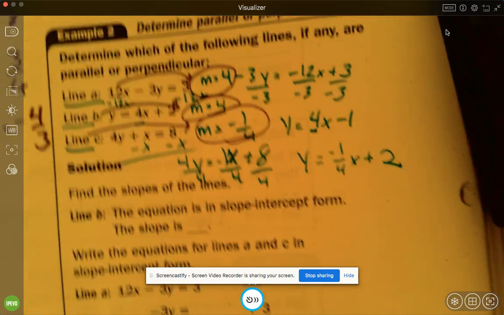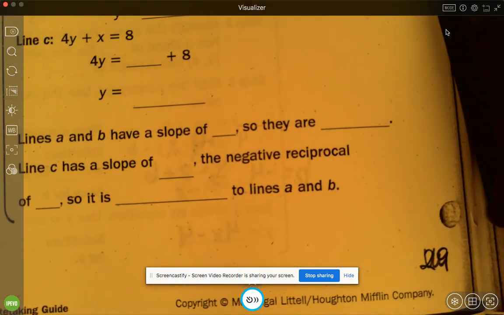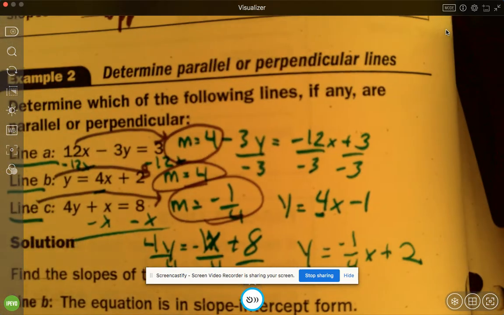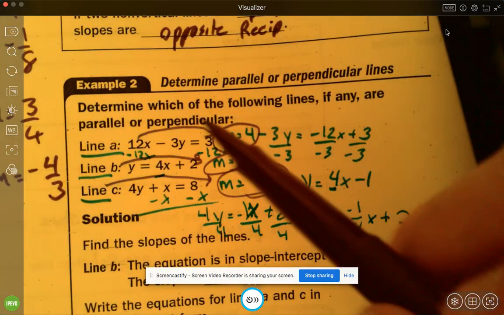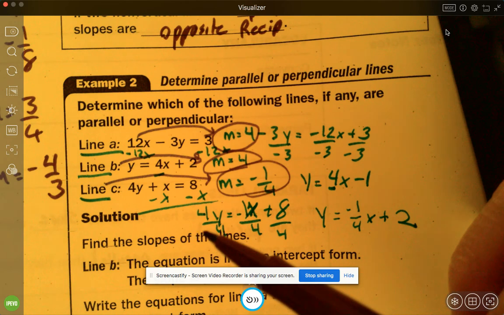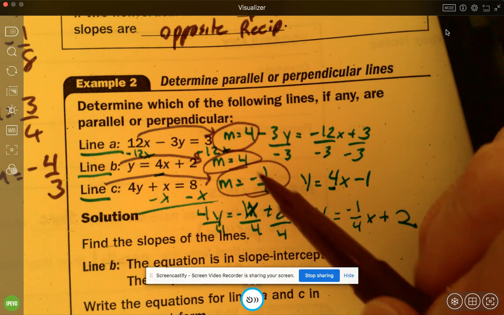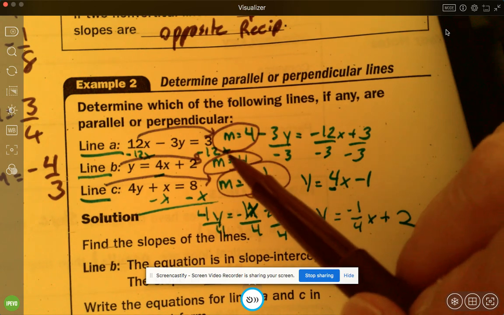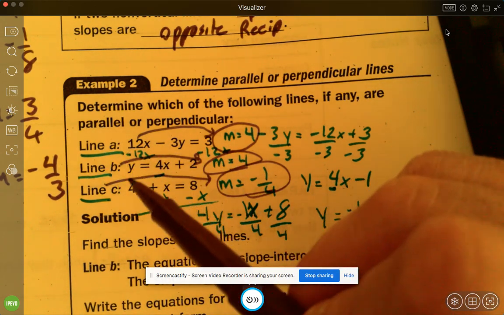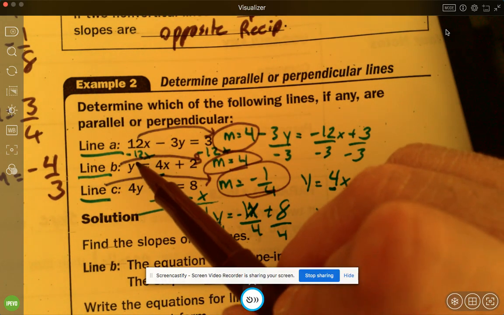So now I'll just skip down to the bottom. Let's look at them here. Which two have to be parallel? A and B have to be parallel. And then is negative 1/4 an opposite reciprocal of 4? Of course it is. So you can now say if A and B are parallel, then C is perpendicular to both of them.